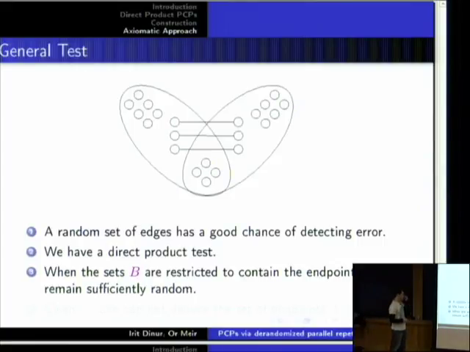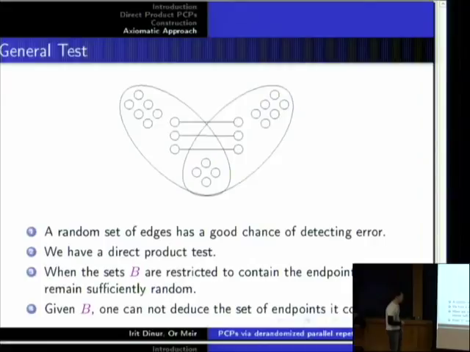Finally, we just require that given some big set B1 or B2, one cannot deduce the set of the endpoints of the edges that were used to choose the set B, because otherwise the prover could have just lied on those endpoints and said the truth on all the others. And this is really it.